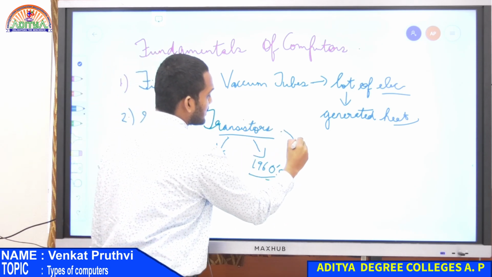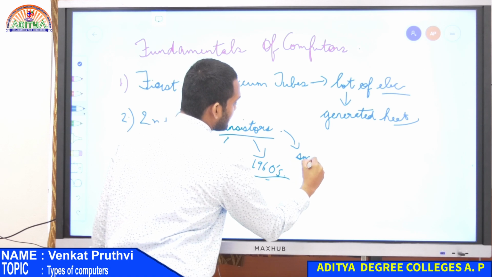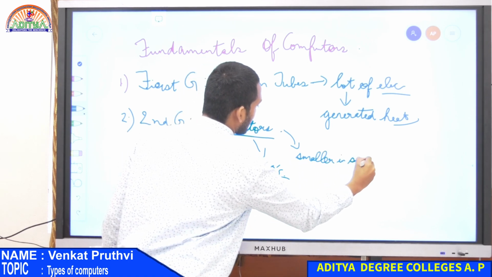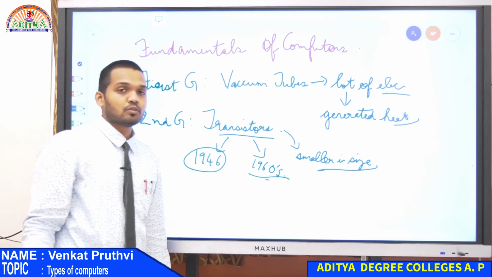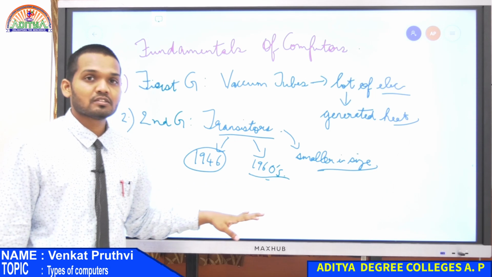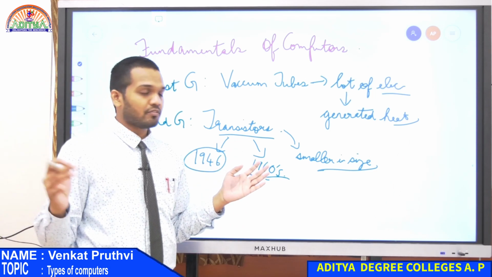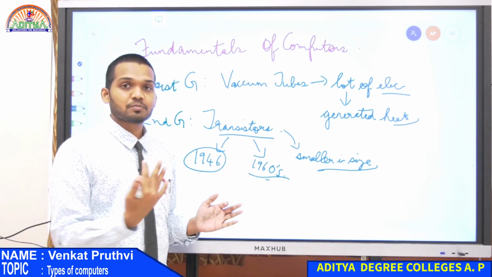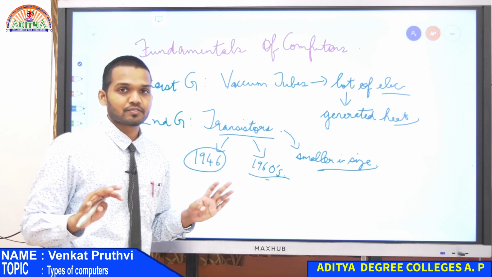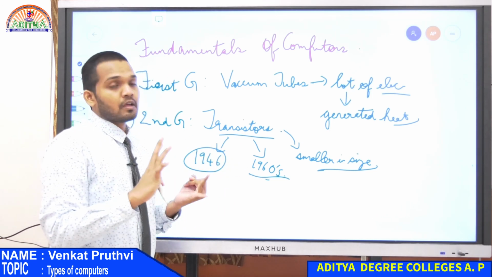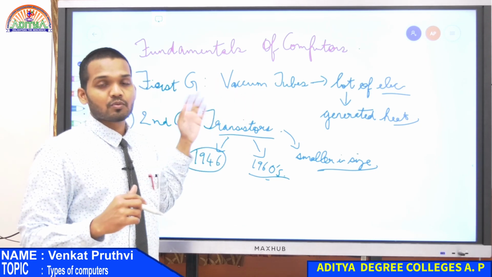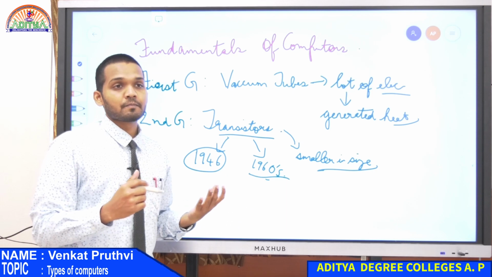The same thing happened with transistors, which were similar to vacuum tubes but much smaller in size. Because they were smaller, we didn't require larger rooms or spaces to put these computers. That was the first thing. And these transistors were 100 times faster than the vacuum tubes previously.